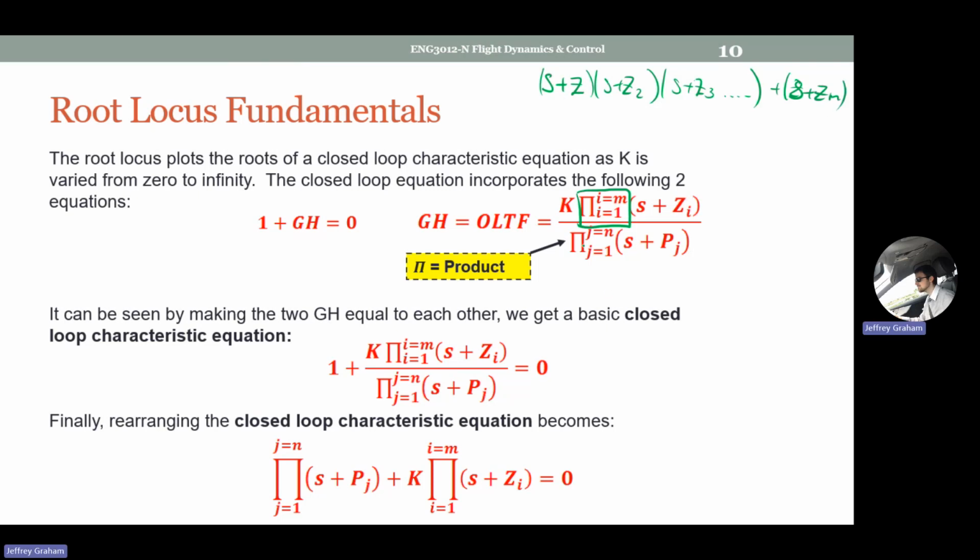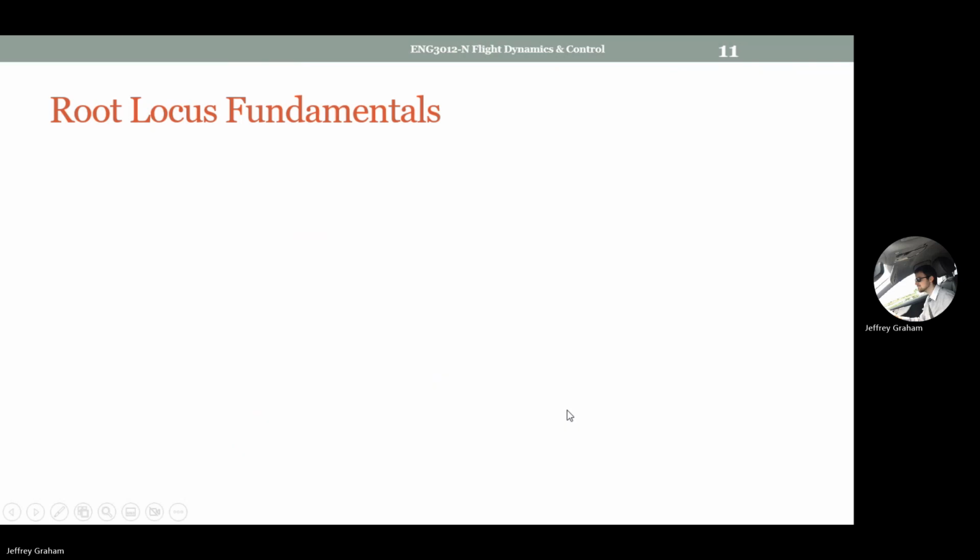Same for the poles. It's a slightly different notation. And the key thing is don't mix up this j with being imaginary. It's just a notation in this instance. Right. What we're going to do is take this equation, have a very close look at it. What does it actually mean?